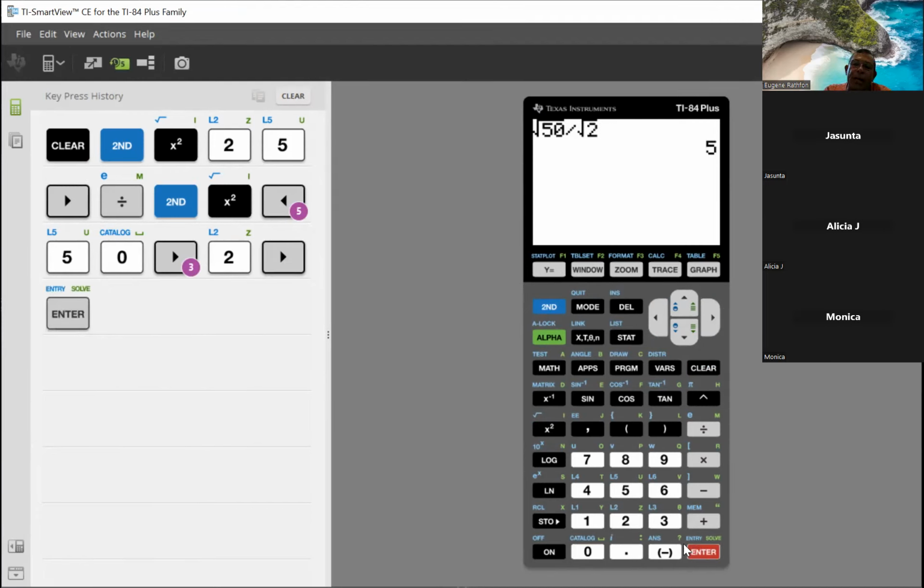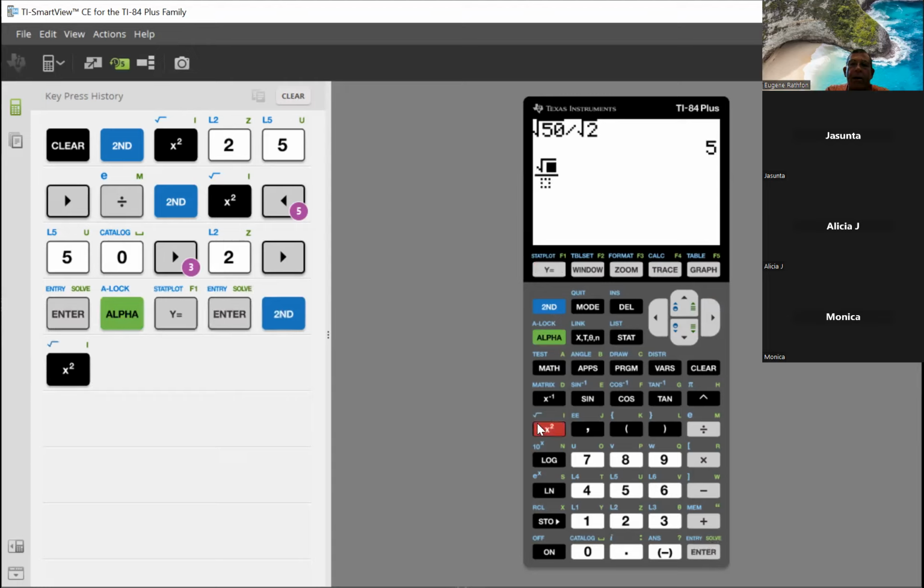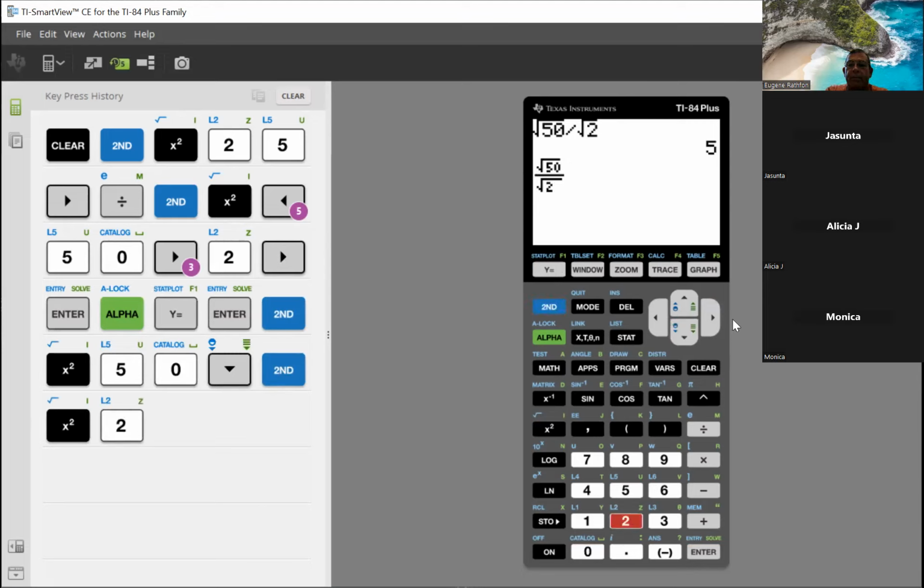Now if you want it to look like a fraction, you can hit alpha y equals and hit enter for n/d. And you can do the same thing here. Second x squared, put in your 50. Then go down to the bottom. Second x squared, put in your 2.